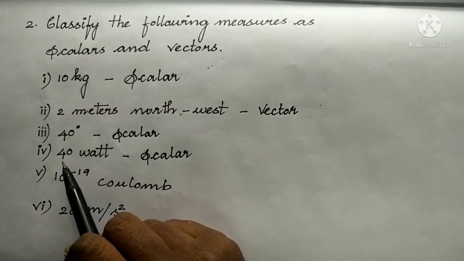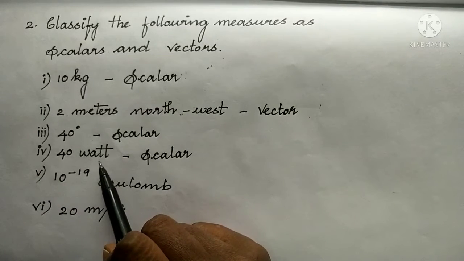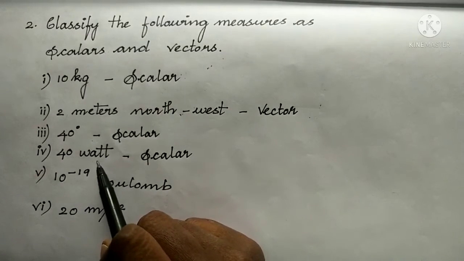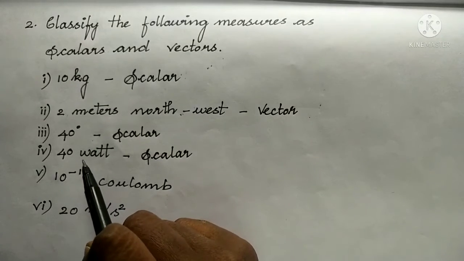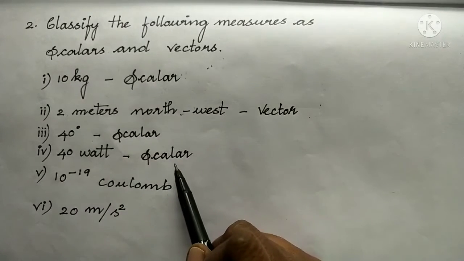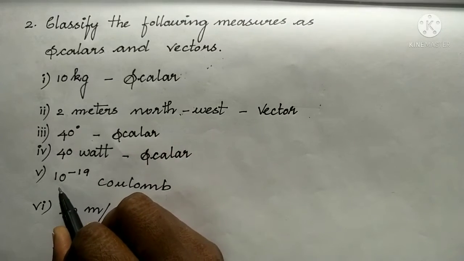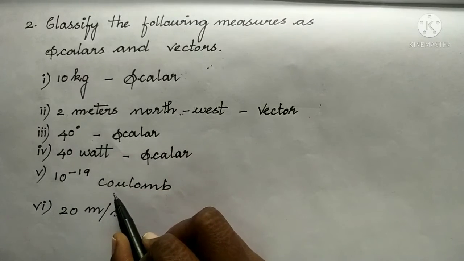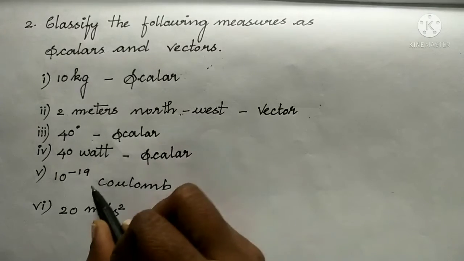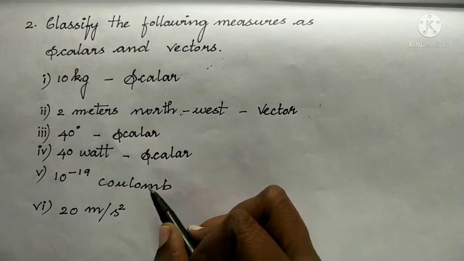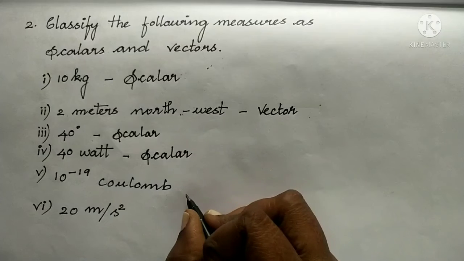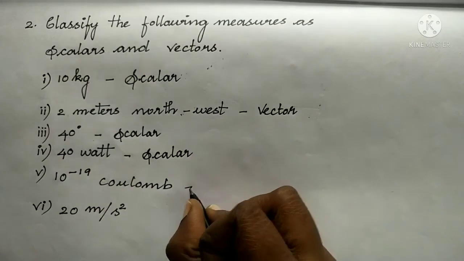Fourth subdivision, 40 watt. Watt is nothing but unit of power. It involves only magnitude. So this will be scalar quantity. Next, fifth question, 10 power minus 19 coulomb. Coulomb is unit of charge. Charge is a scalar quantity. So 10 power minus 19 coulomb is scalar.